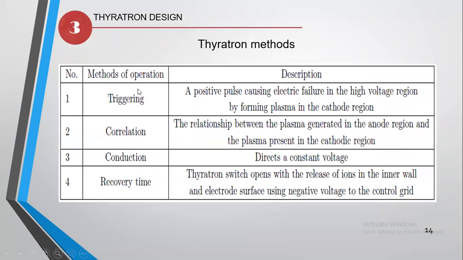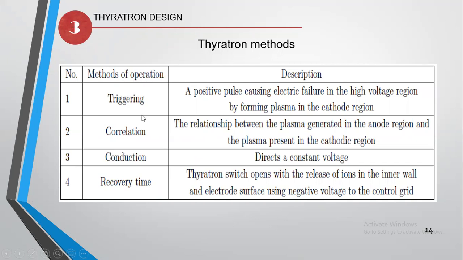Thyratron methods: triggering, correlation, conduction, and recovery time. Triggering: a positive pulse causes electric breakdown in the high voltage region by forming plasma in the cathode region. Correlation is the relationship between the plasma generated in the anode region and the plasma present in the cathode region. Then the conduction method directs a constant voltage.